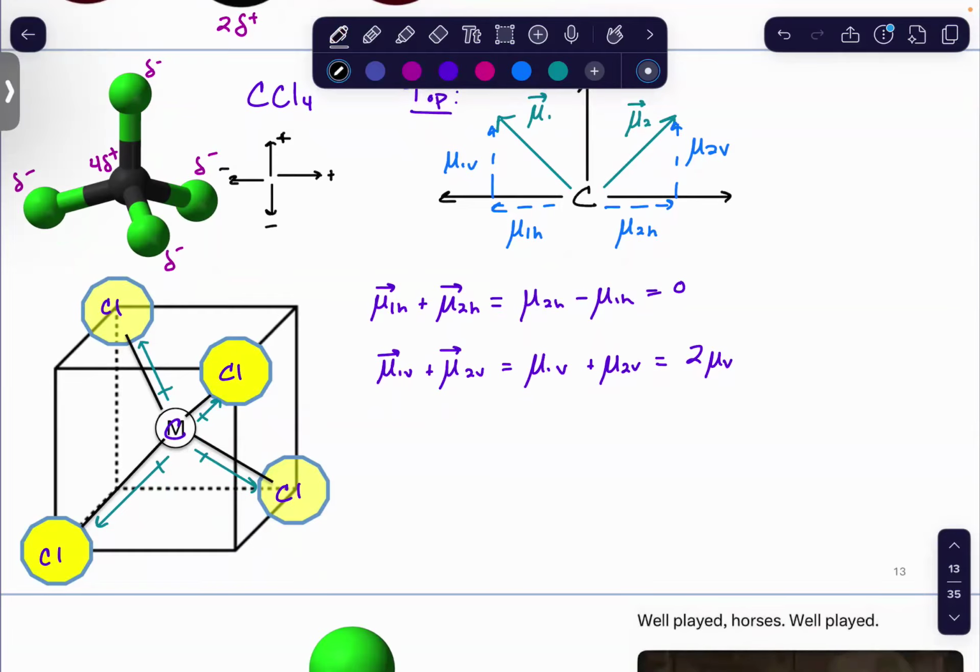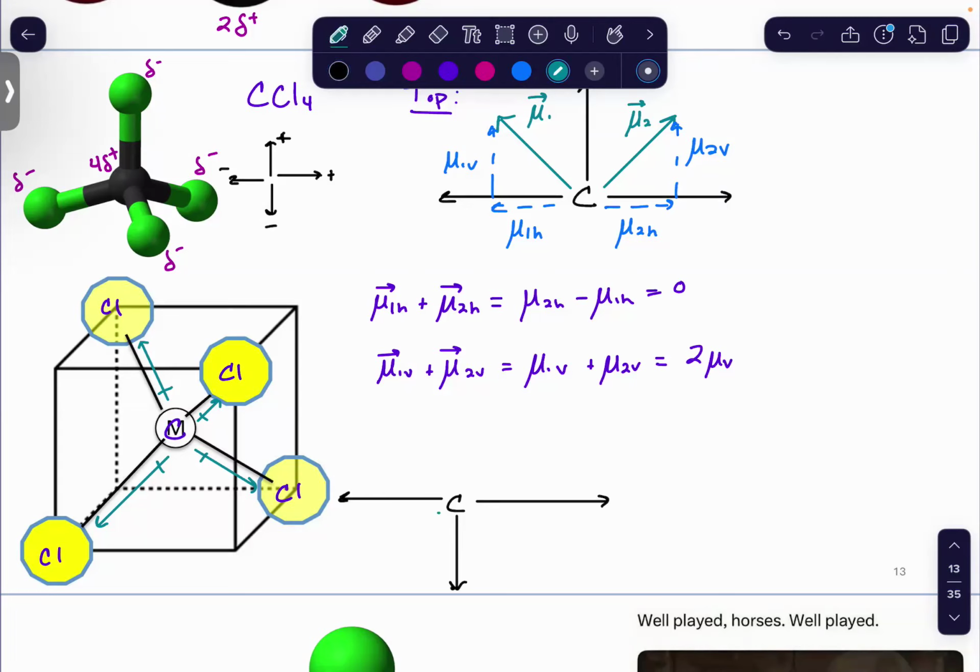Now let's work on the bottom here. So now we have C again in the middle of a coordinate system. And now down, of course, is going to be negative.